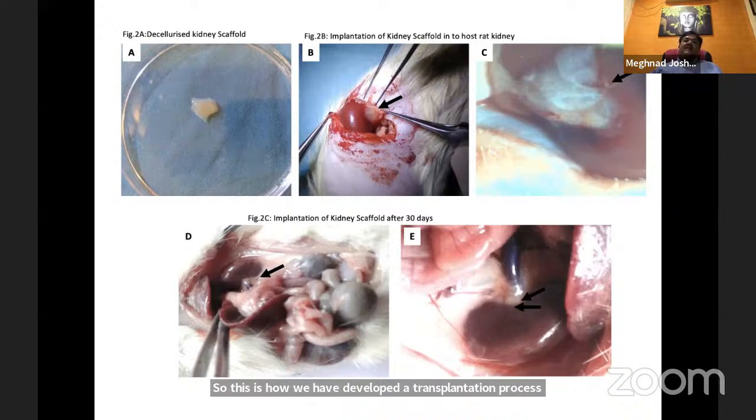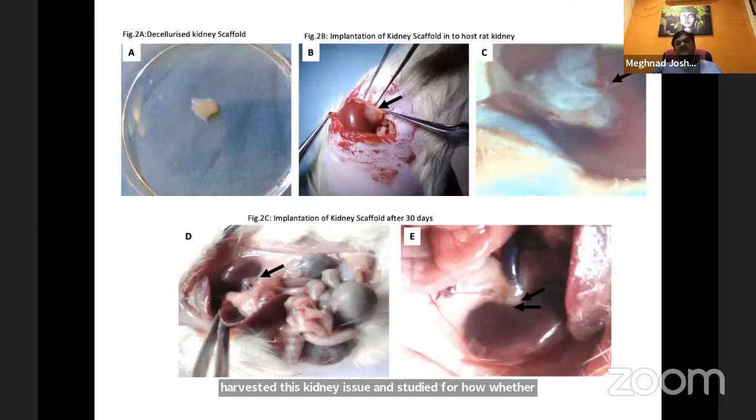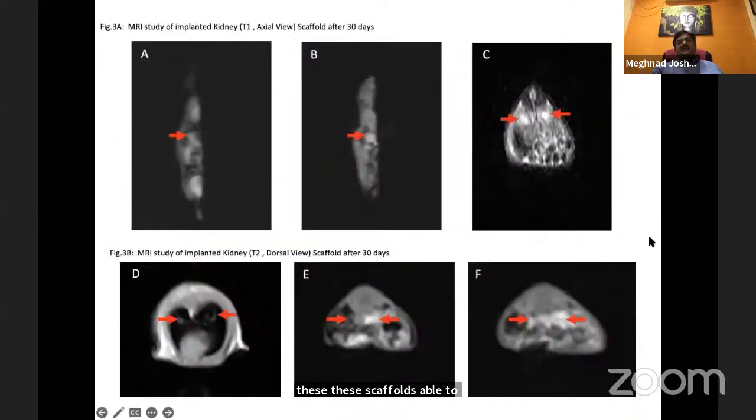And in this picture, if you could see, this white is an acellular goat kidney graft, which is transplanted. And after 30 days of transplant, what we have done is we have harvested this kidney tissue and studied whether these scaffolds are able to recruit the cells, and this can be studied with different staining techniques.